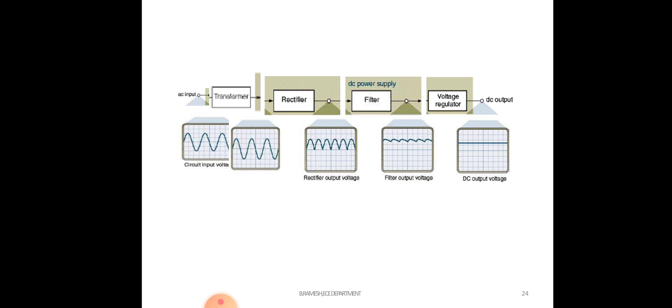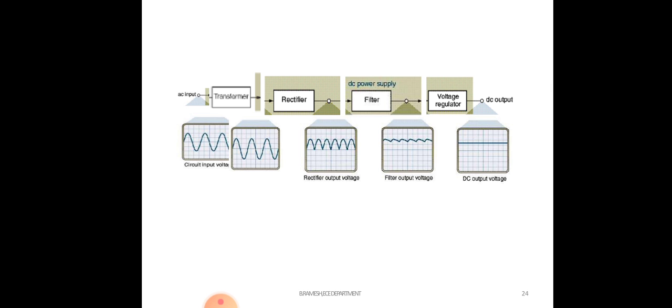Similarly, if you connect the inductor in series in the circuit, it opposes the AC current and allows the DC current. Like that we can use this technique and get a somewhat good DC voltage.